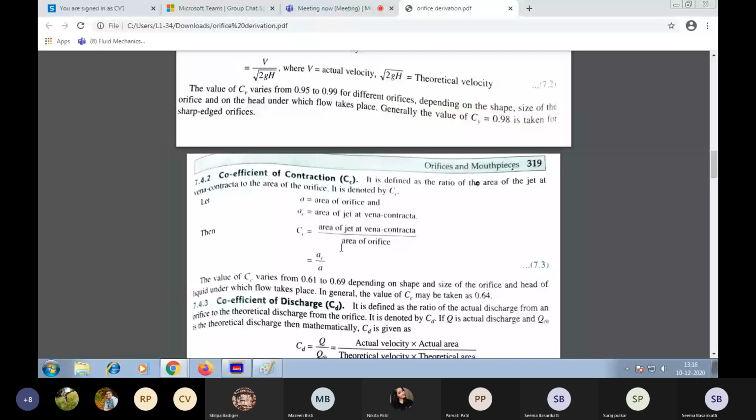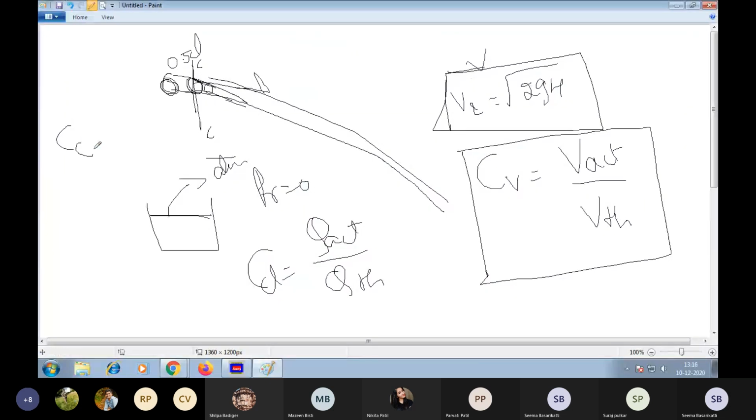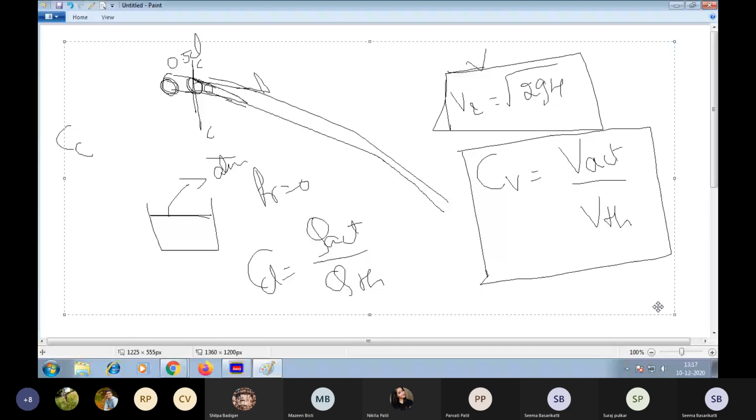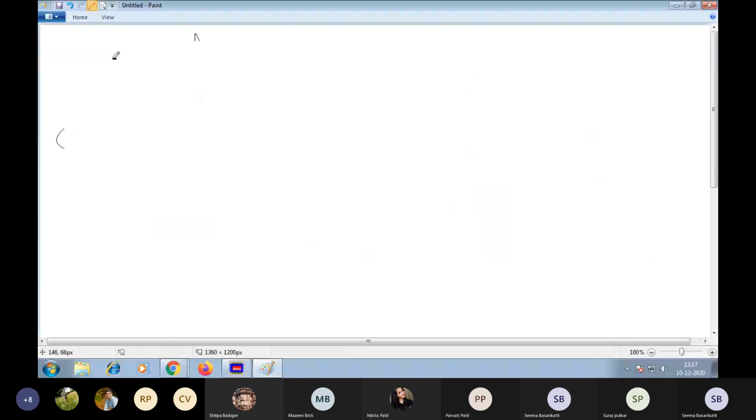That gives you the coefficient of contraction. Now how are you going to write this? It is the area of the jet at vena contracta divided by the area of the orifice.